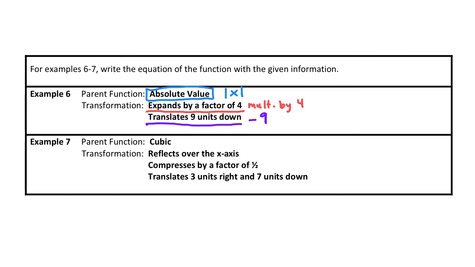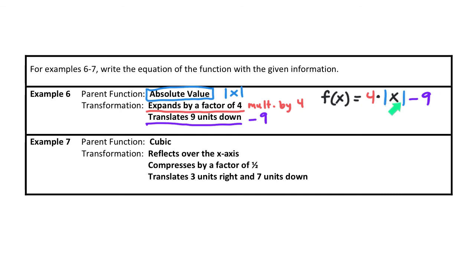Okay, so my function equation is going to be the absolute value of x multiplied by 4. So let me make space for the 4. So it's going to be 4 times the absolute value of x minus 9.